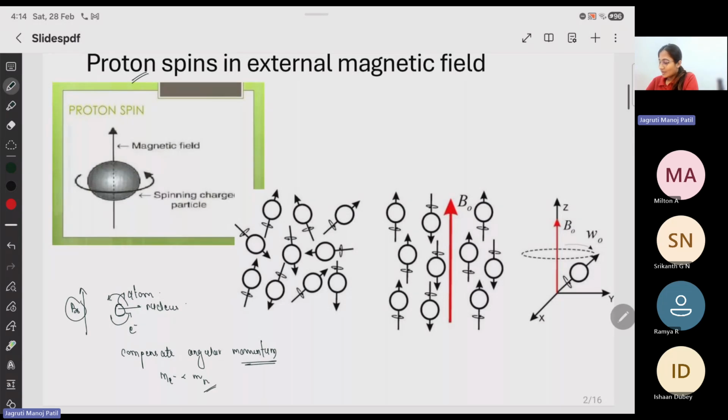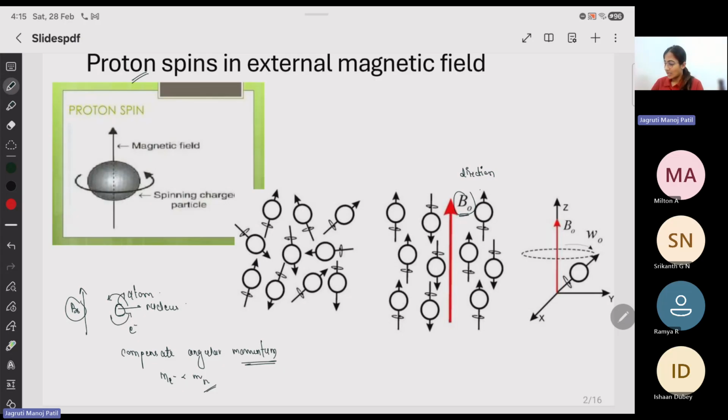Whenever this external magnetic field is applied, these protons will align either parallel or anti-parallel. Because of the motion they have, revolving around each other, that frequency now resonates with this particular magnetic field.